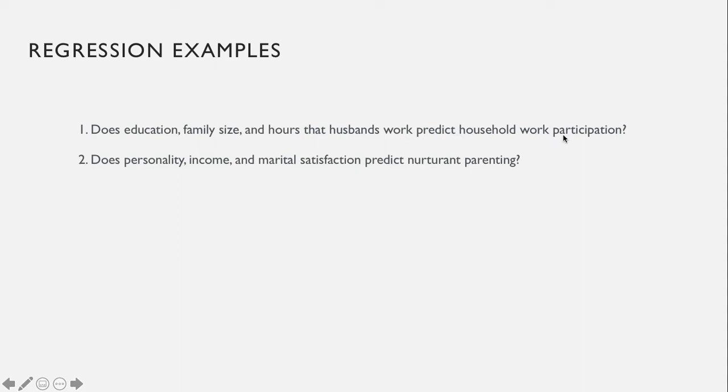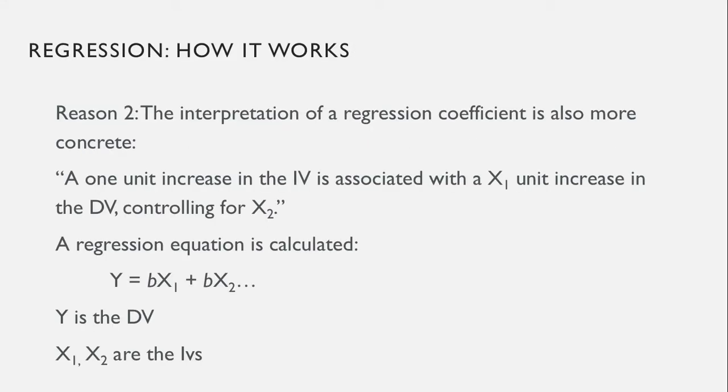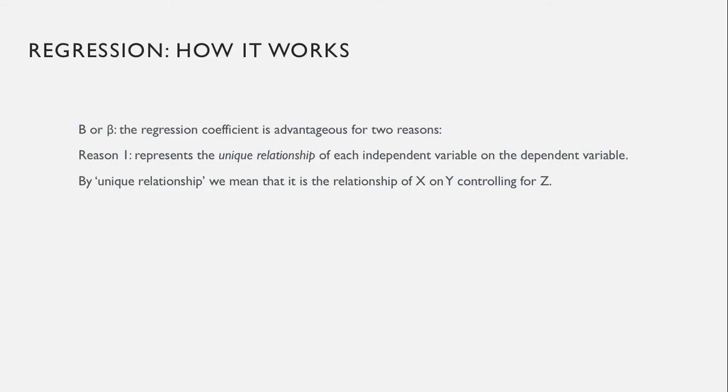So 3, 1 for every independent variable. And then the other thing about the B or beta coefficient is that it represents the relationship of x and y, the independent and dependent variable, while controlling for whatever we control for.